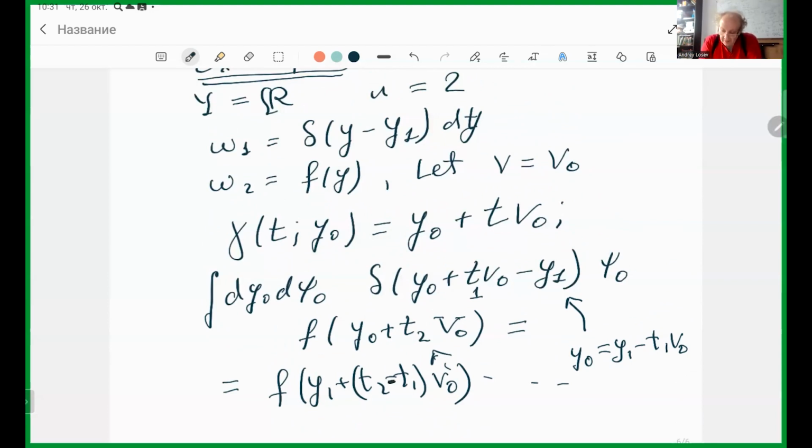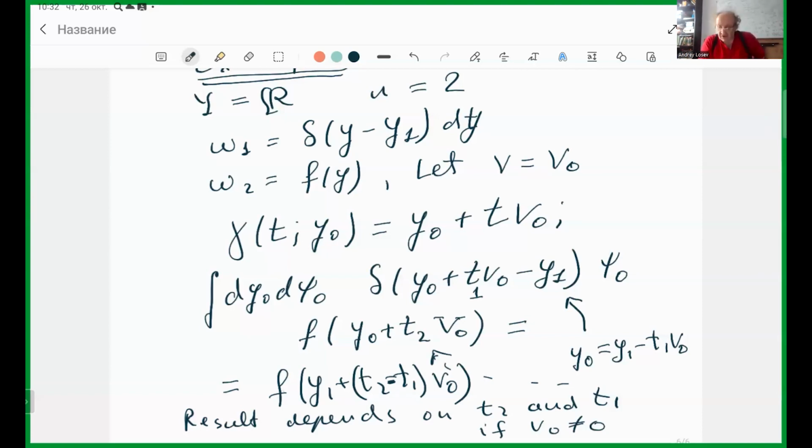Okay? It is that easy. And you may see that the result depends on t2 and t1 if v naught is not equal to 0.